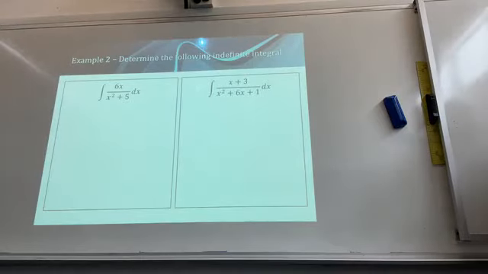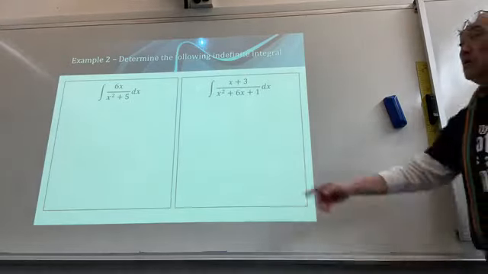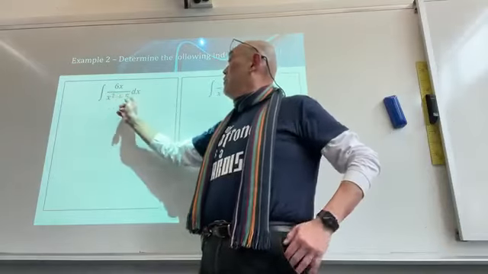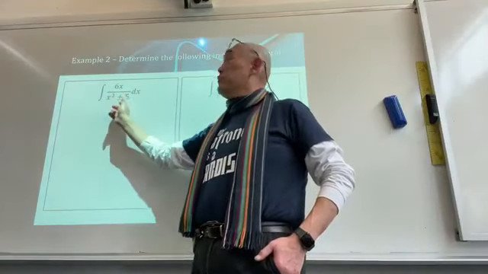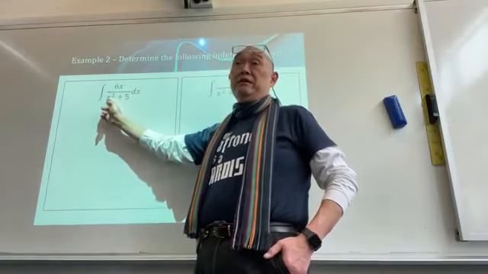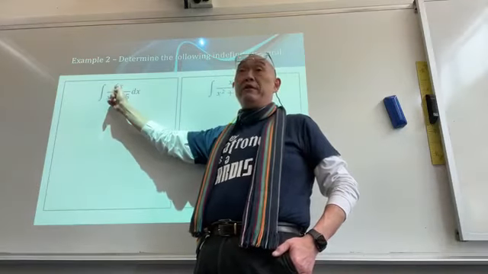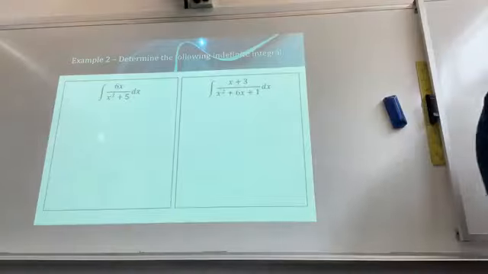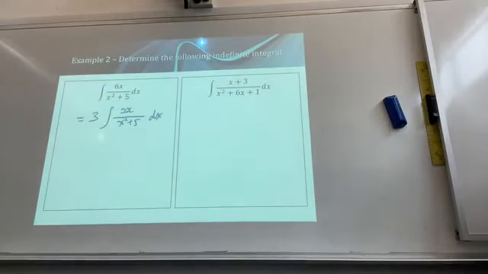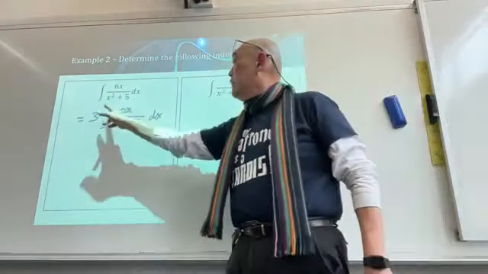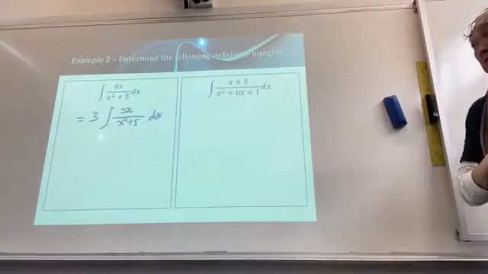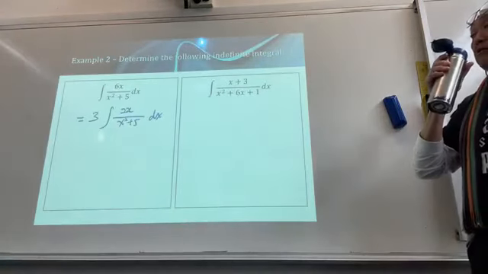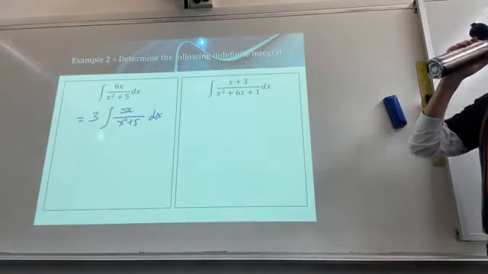Let's have a look at this one. When you take the first derivative of x squared plus 5, what is it? It's 2x. So therefore, this is 3 times 2x. If you know that, you could rewrite this as 3 times the integral of 2x over x squared plus 5 dx.